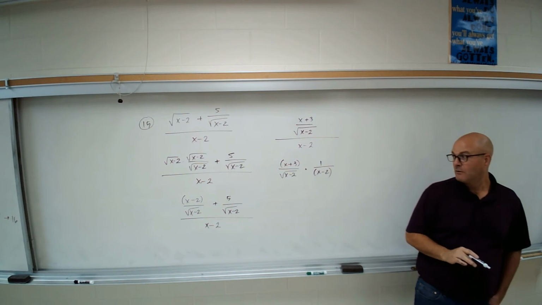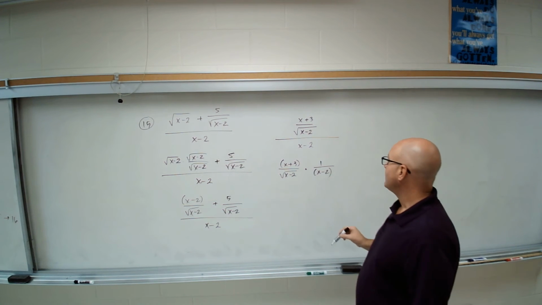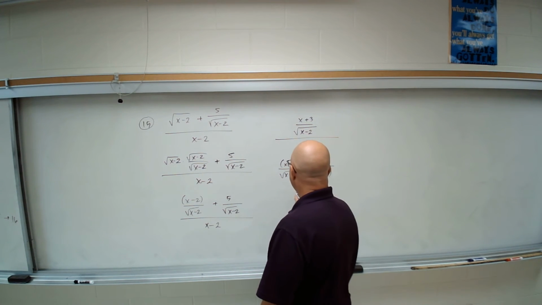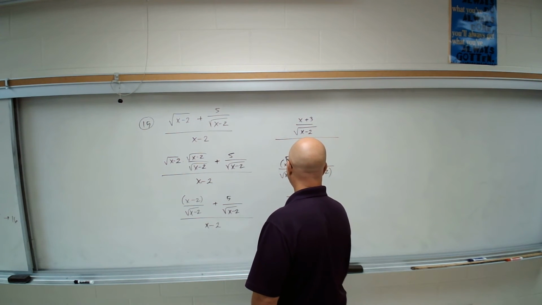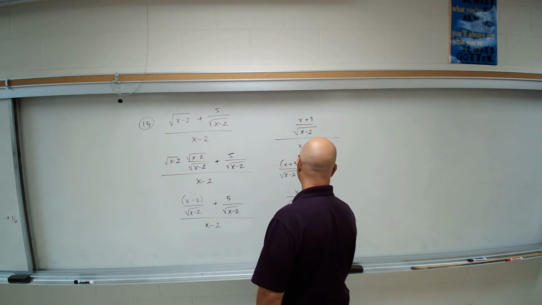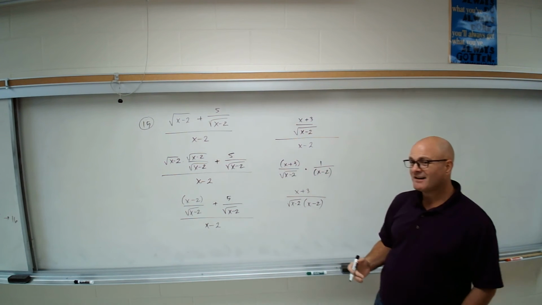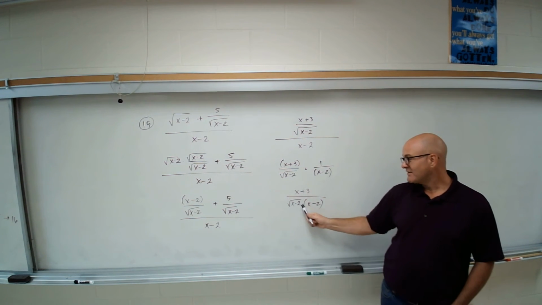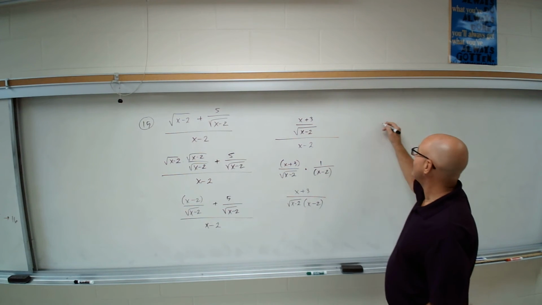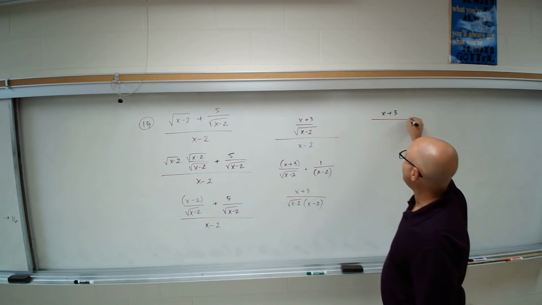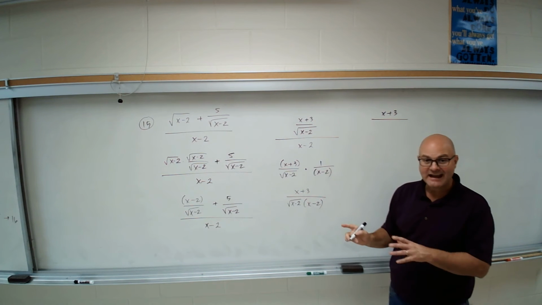Multiply by the reciprocal. So when we do this now, if you stopped and said x plus 3 over radical x minus 2, x minus 2, that's not wrong, but these are the same factor, correct? So as we go through that, we could leave the x plus 3 on top. That's not going to change. It's not going to cancel.